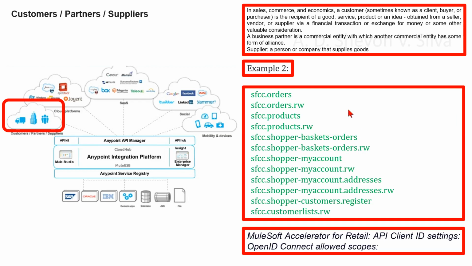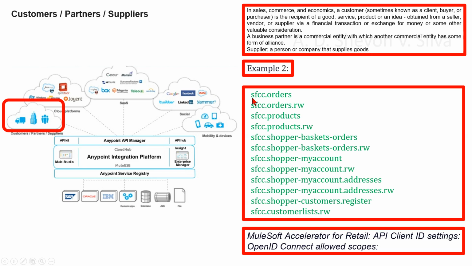As an example 2, we can consider MuleSoft accelerator for retail API client ID settings. OpenID Connect allowed scopes.